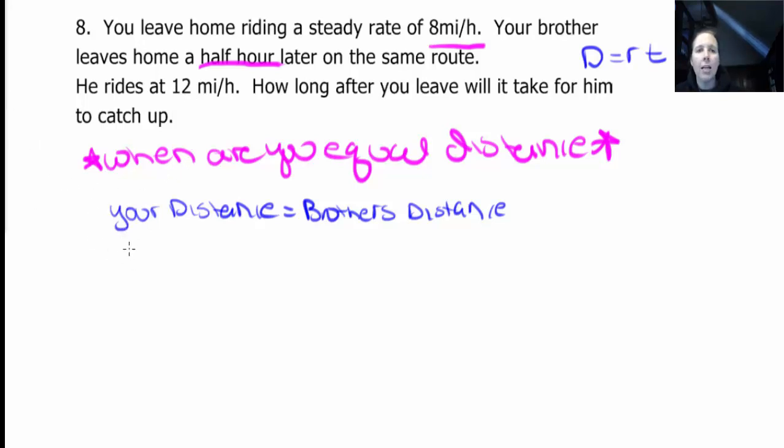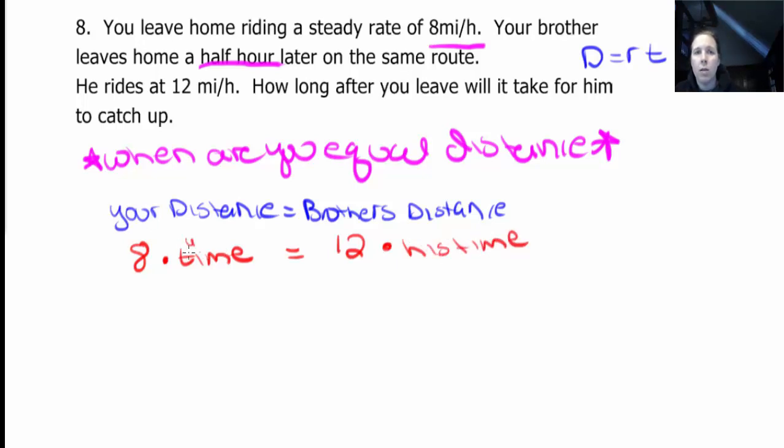So your rate is 8 miles an hour, because it's given. And we don't know what your time is. So 8 miles an hour times your time, which we don't know. And then your brother's is 12 miles an hour times his time.